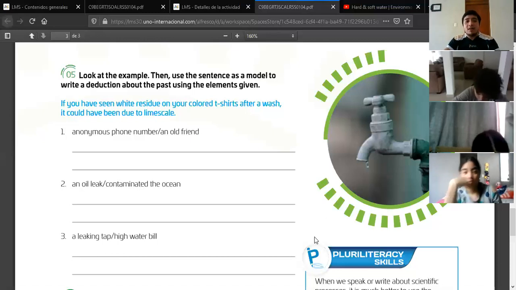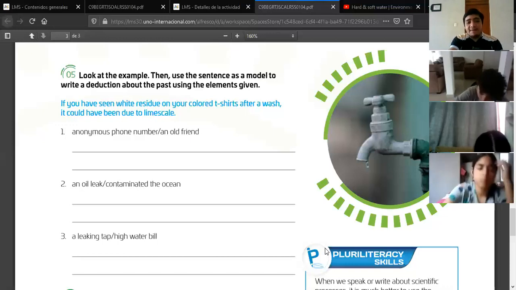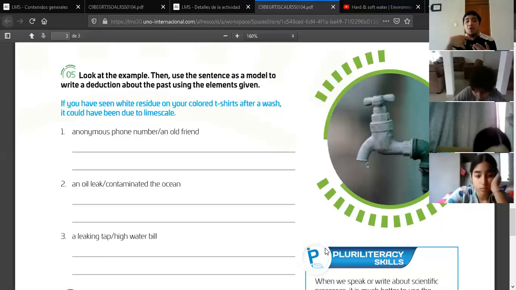It says an oil leak, and then it says contaminated the ocean. You can start, remember, with if, or for example, in this one, we can use the second conditional. If an oil leaked, like in the past, we could have, okay, if there is an oil leak, the ocean might get, okay, I'm going to use Monse and Max's examples.